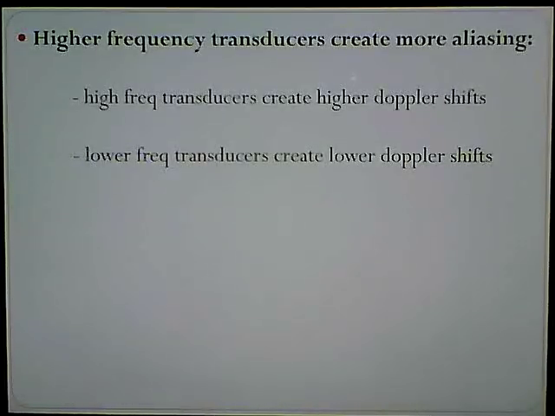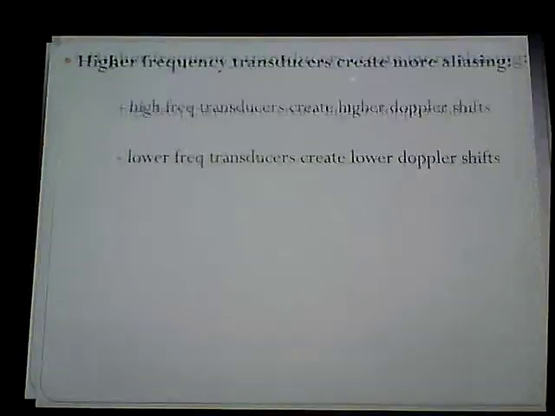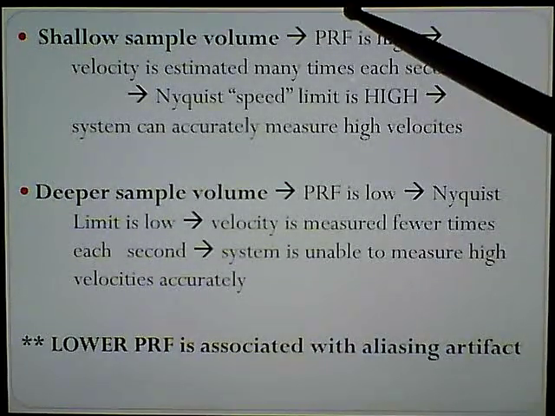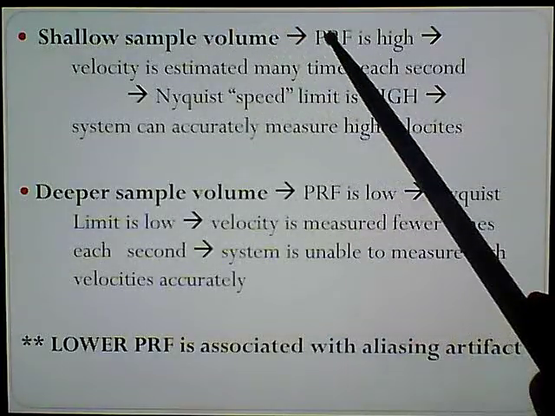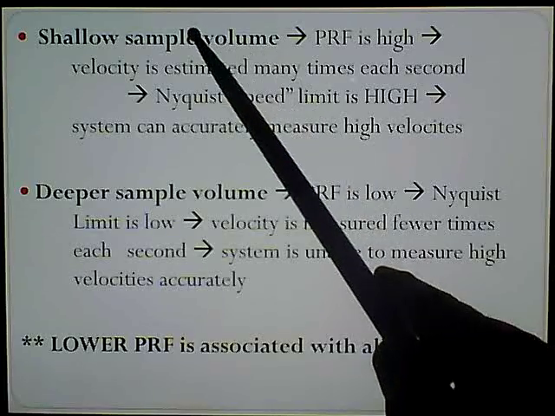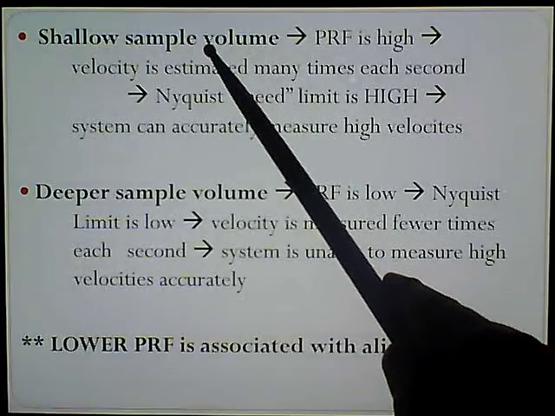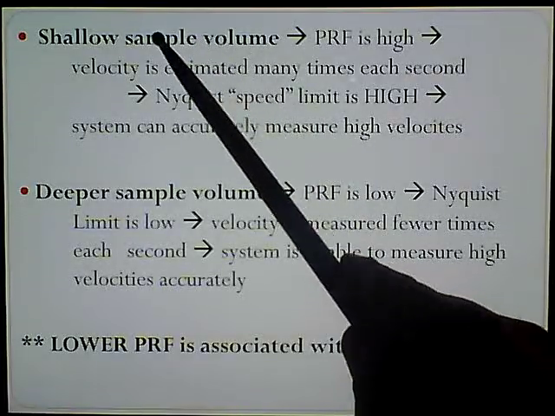Higher frequency transducers create more aliasing. Now, right now you're thinking there's that shallow sample volume again, but this has nothing to do with the frequency and the PRF being high. That is where we put something to listen, to go there and back at a shallower depth.